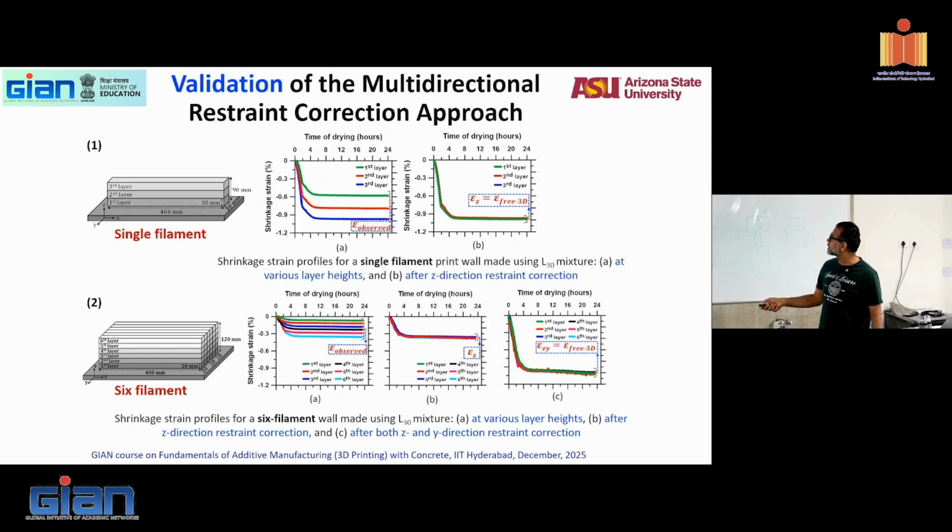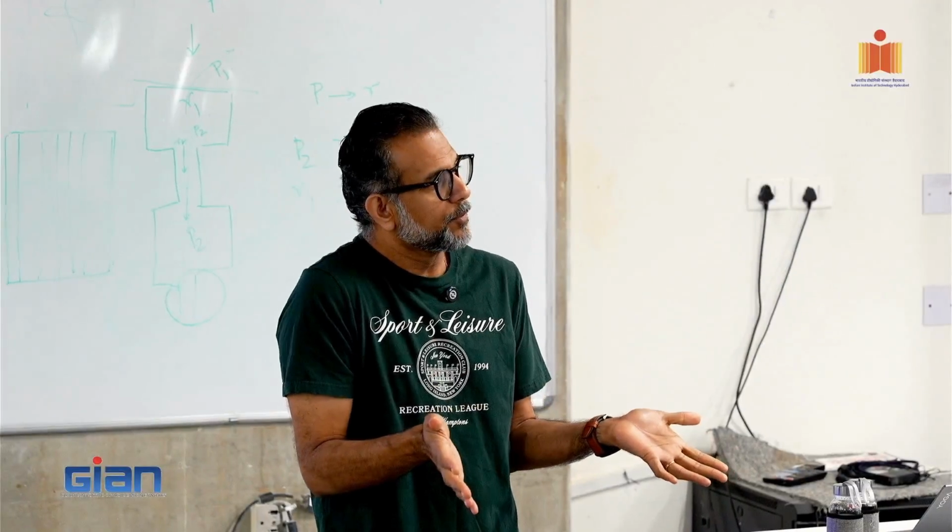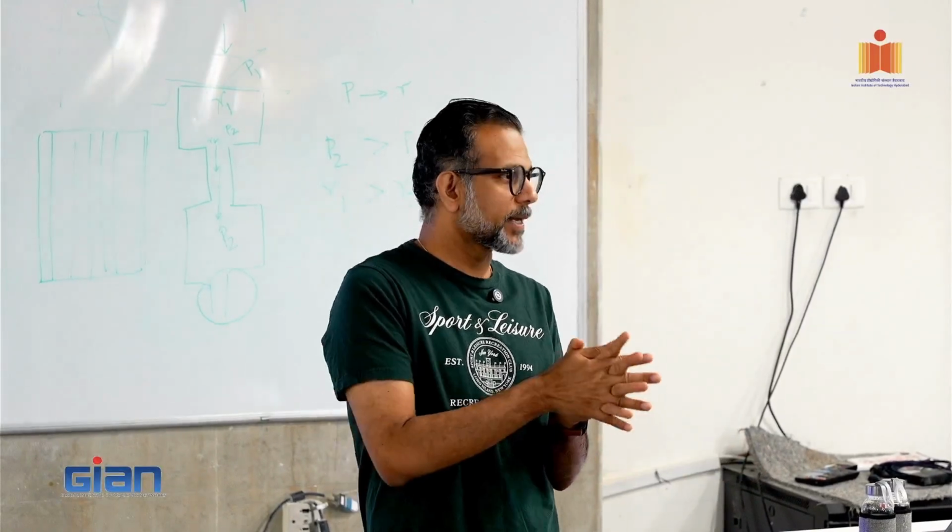Okay, here is 6 filament versus 1 filament. Here it's 0.9, here it's about 0.3. This is 6 filaments, that's 1 filament. So yes, you will have a difference in shrinkage, but that's because it's not allowed to move. Shrinkage strains are lower.